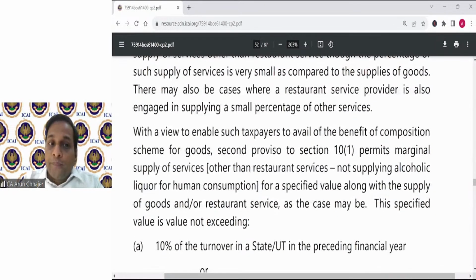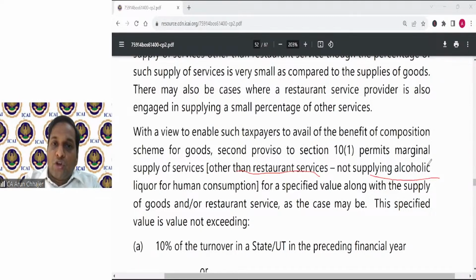With a view to enable such taxpayers to avail the benefit of the composition, the second proviso permits marginal supply of services. What is that marginal supply of services? Other than restaurant services, not supplying alcoholic liquor for human consumption, for a specified value along with the value of the goods and services as the case may be.